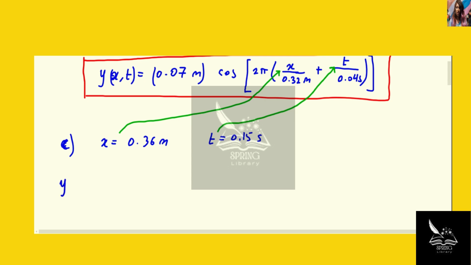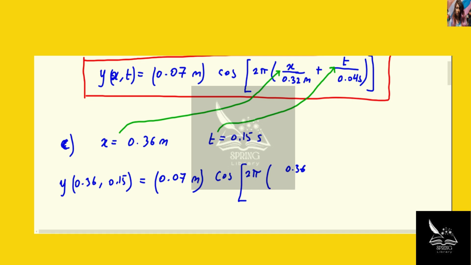So y of 0.36 and 0.15 is equal to 0.07 meters multiplied by cosine 2 pi times x, 0.36 meters divided by 0.32 meters, plus time, which is 0.15 seconds divided by the period, 0.04 seconds.